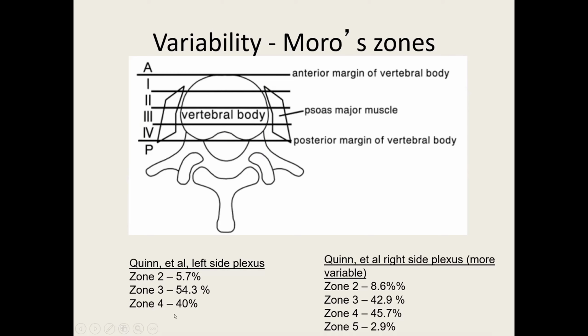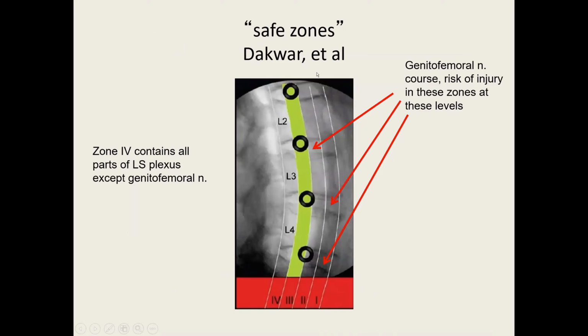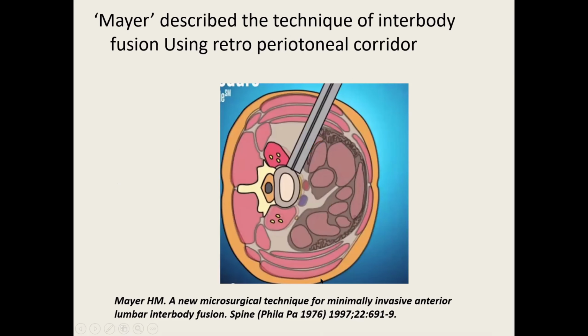Most of the time we work on the left side, so one has to know that one has to work in the front 50%. Dakar also divided it in a similar way: the anterior half of the body is most safe. Whenever we do an OLIF, it's always better to work in the anterior half. But be cautious at L5, where even the anterior half is not very safe; only the anterior zone is safe. To overcome all this, OLIF has the advantage, but in the lower part one has to be careful.